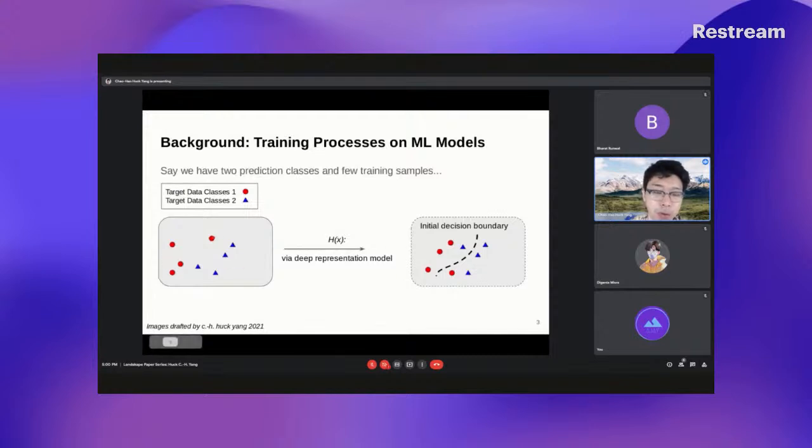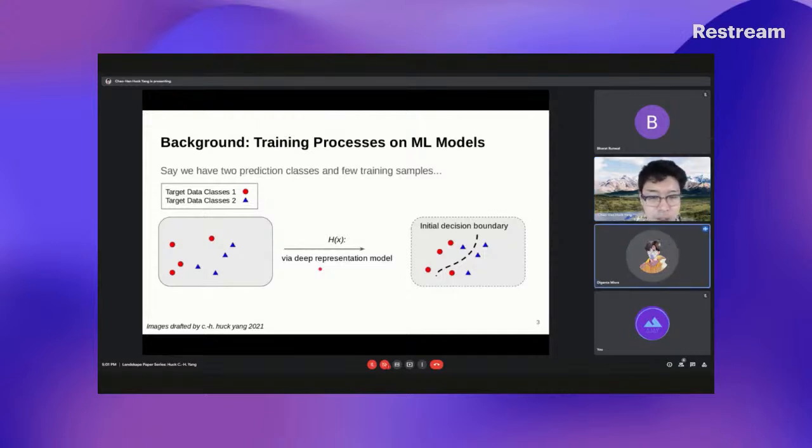So the problem becomes how to find a minimum distance to let this decision boundary recognize this new target model as a source model, and then you can find out this adaptation can be seen as a shorter path for this transformation with this representation power.